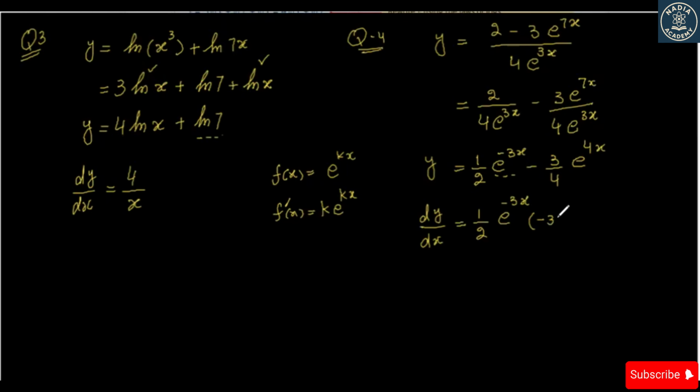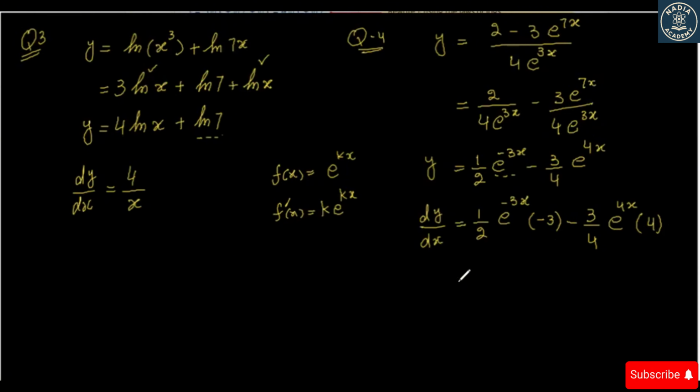So you can also remember it like this, which is actually more logical. And then we will have the next term, which is negative 3 over 4, the constant remains as it is. And the derivative of the exponential function goes as it is times the derivative of the power, which is 4x. Derivative of 4x is 4.